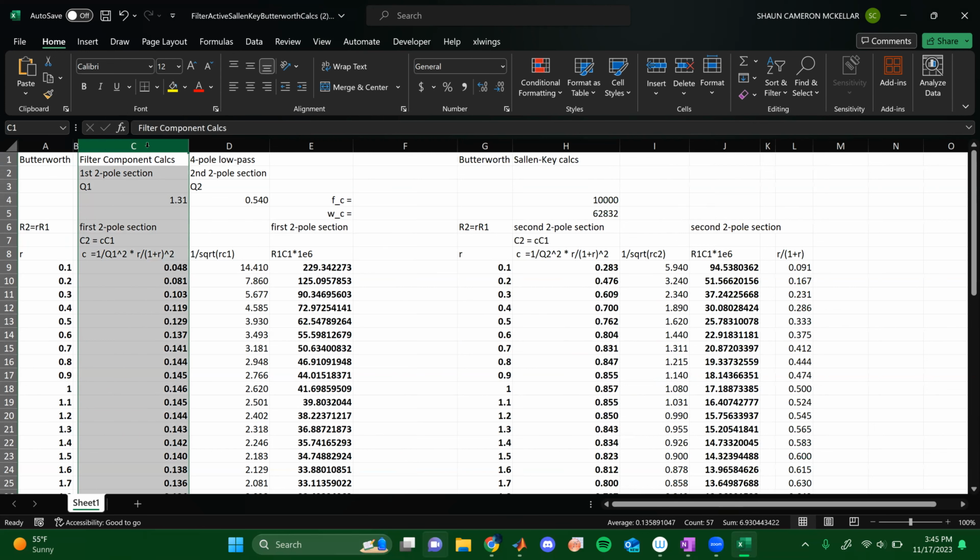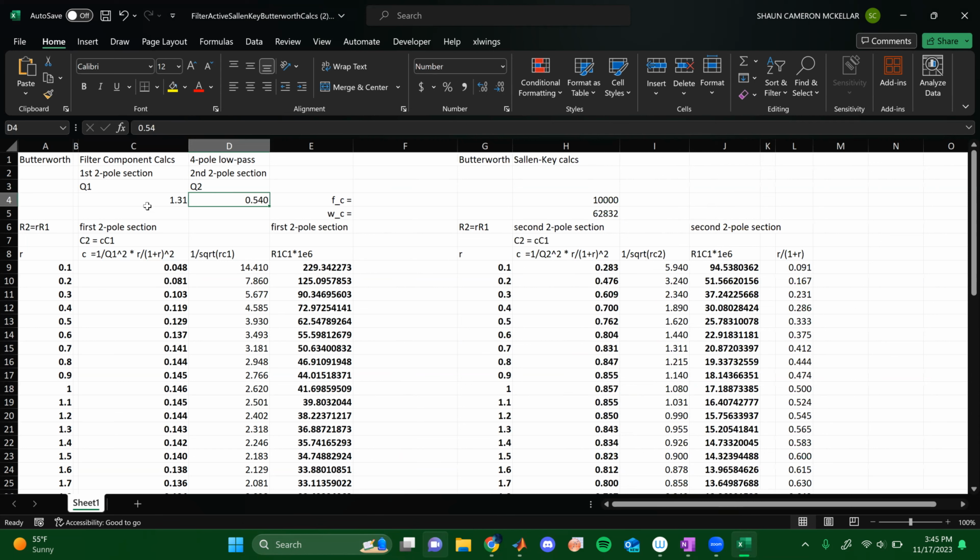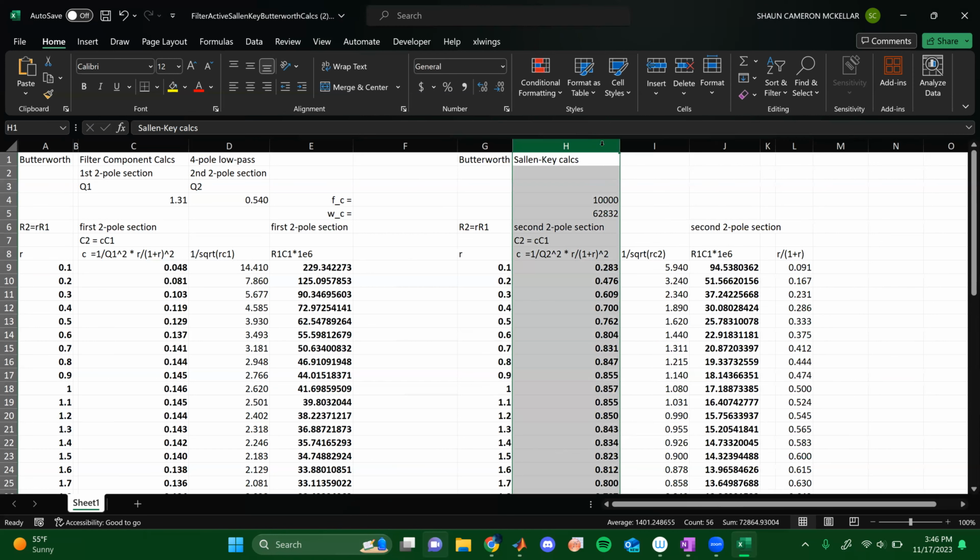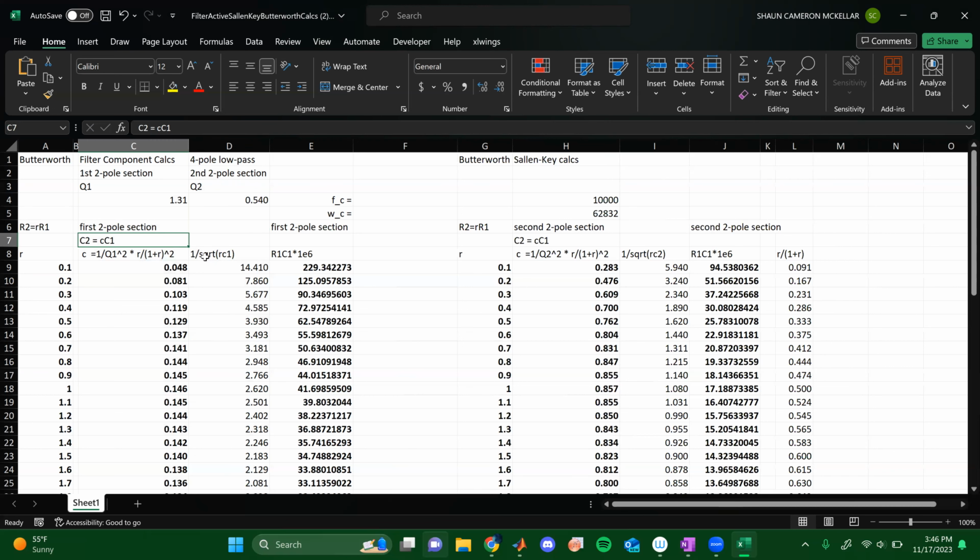You can see that this column's also the same equation, but the only thing that changed is they use Q2 here instead of Q1. So there's my Q's that I can enter, and that changes this column. D is the square root of 1 over RC1, where C1 would be calculated from that ratio. And then R1 C1 times 1 million is calculated right here.